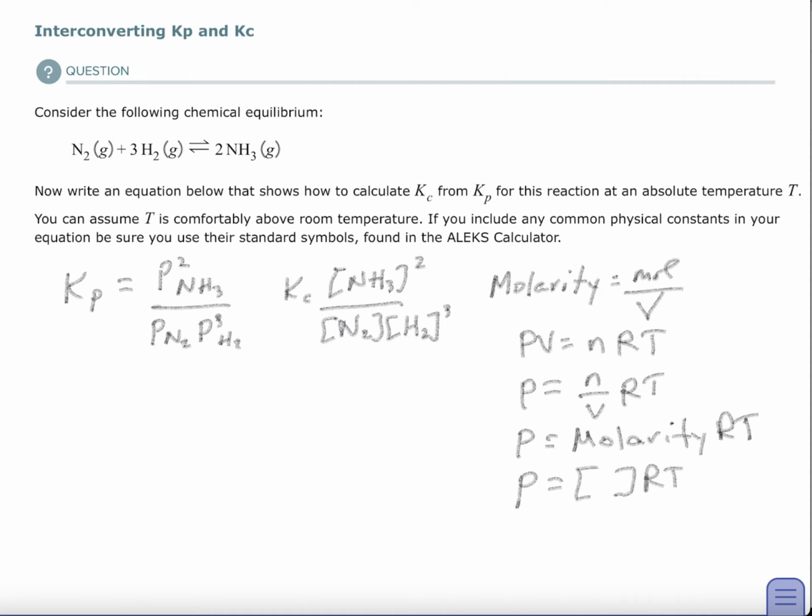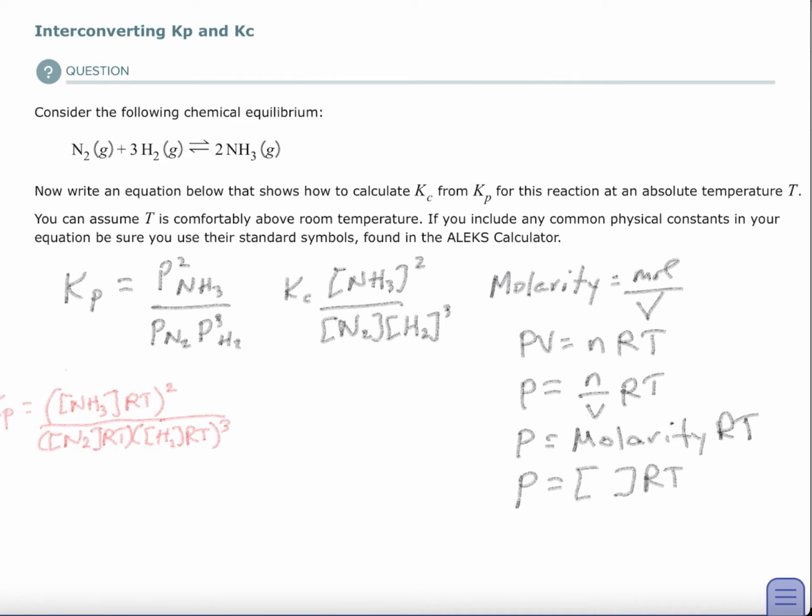So in this case, pressure is going to be the molar concentration times your constant R times your Kelvin temperature. Okay, so we're simply going to rewrite the K sub P expression using the molarity from the other one. Basically, we're going to incorporate both of these together.